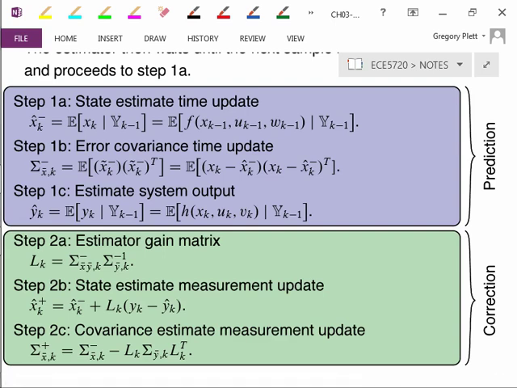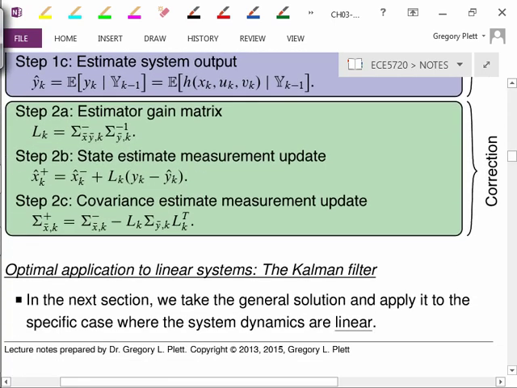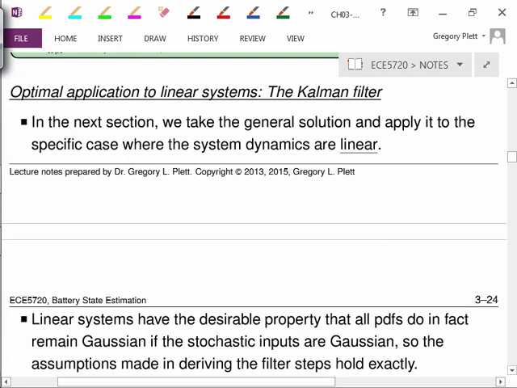Then I actually make the measurement, and then I compute a gain matrix, I update the state, and I update the state covariance. And I do that over and over and over again. So that's the generic solution broken down into 6 steps that are going to be very helpful ways of helping us to come up with actual algorithms.